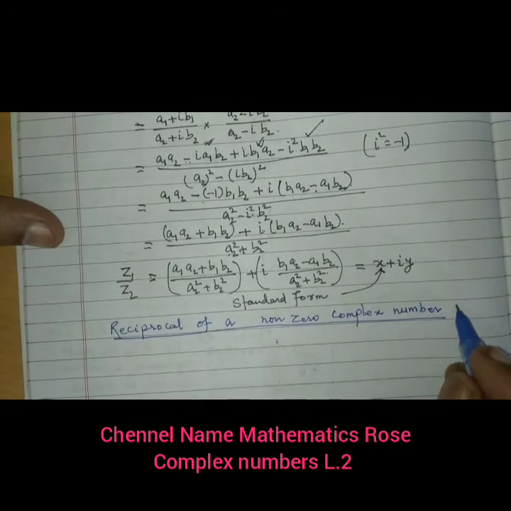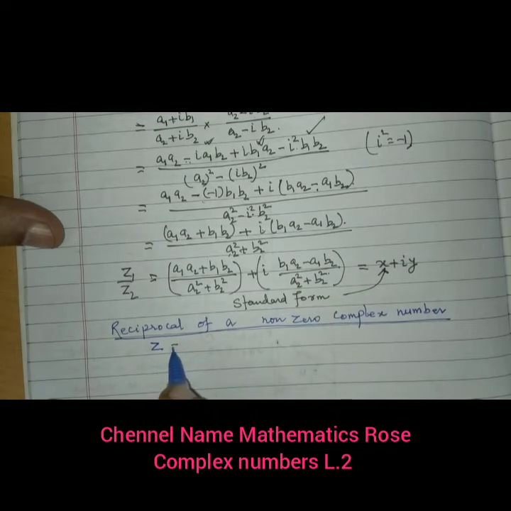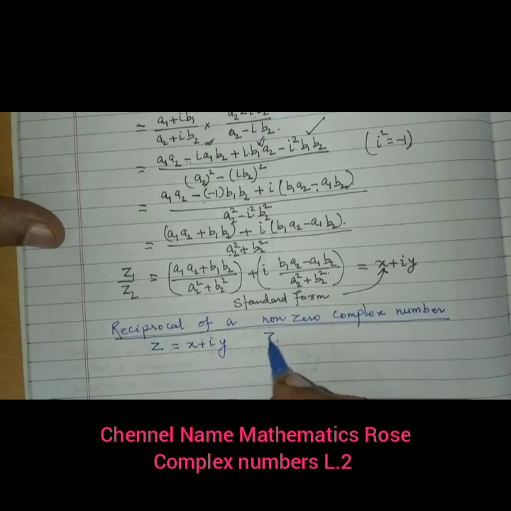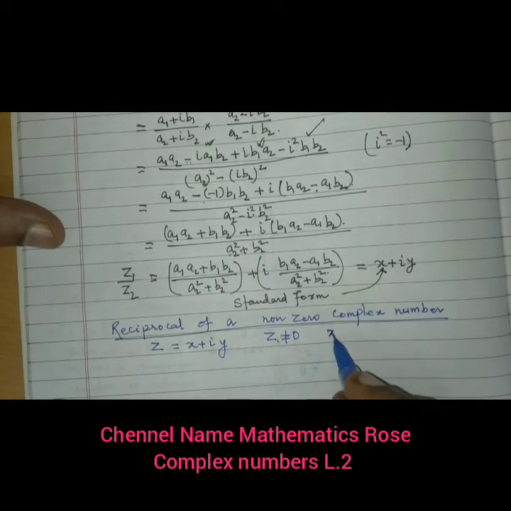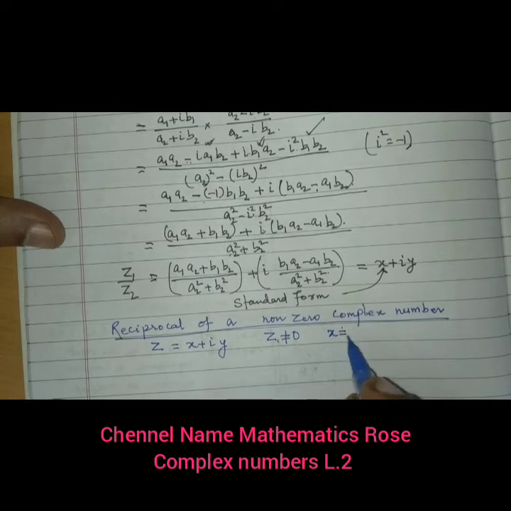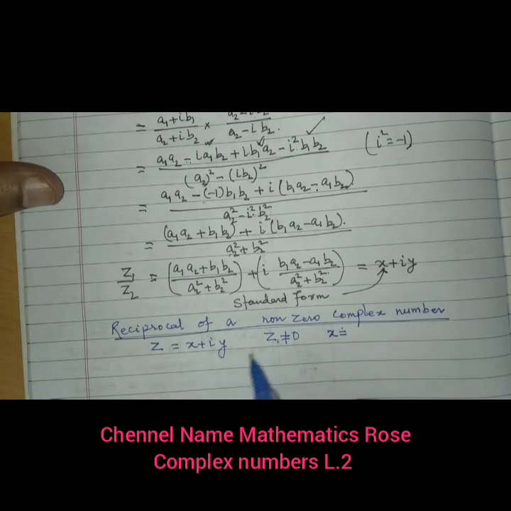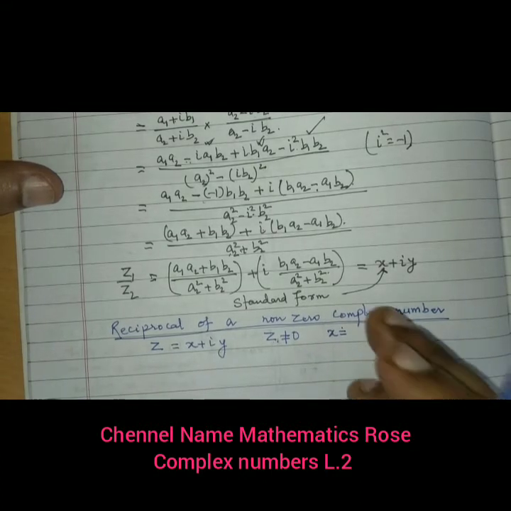नॉन जीरो कॉम्प्लेक्स नंबर तो मान लेते हैं z is a complex number x plus iy and z is not equal to 0. When z is not equal to 0, when x is equal to 0 but y is not equal to 0, and when y is equal to 0 but x is not equal to 0, or when x and y both are not equal to 0.